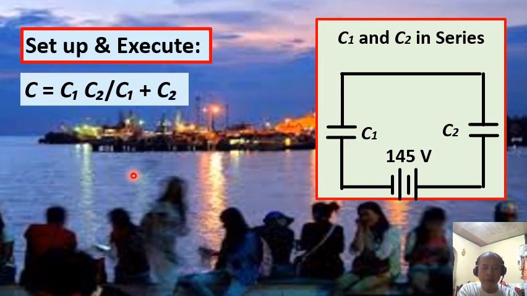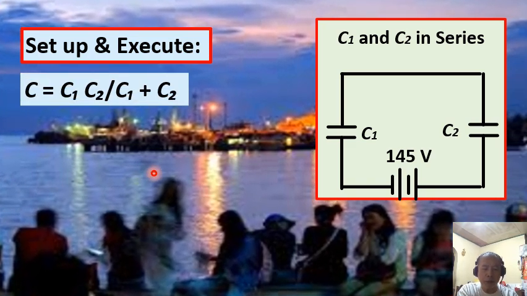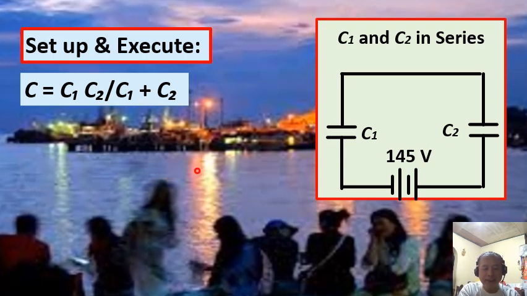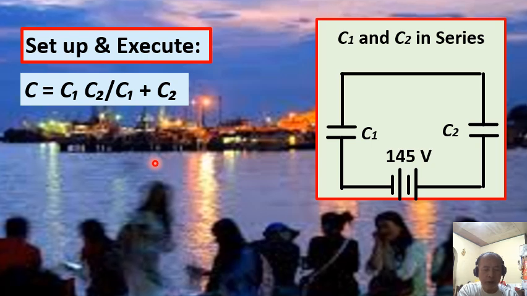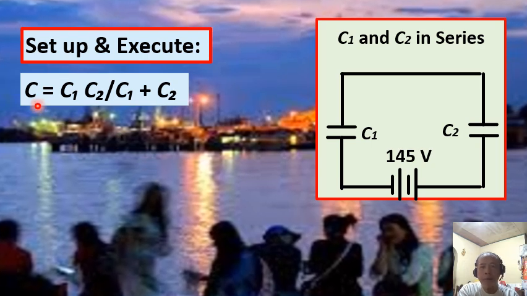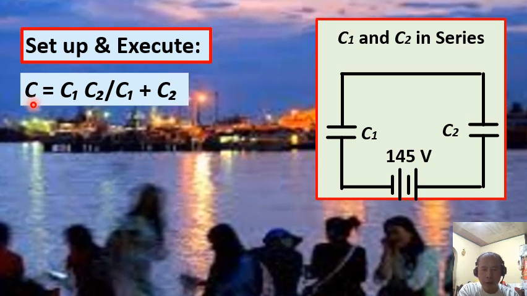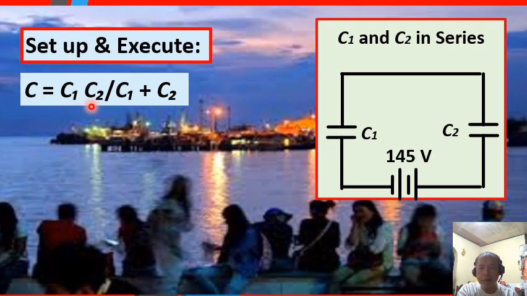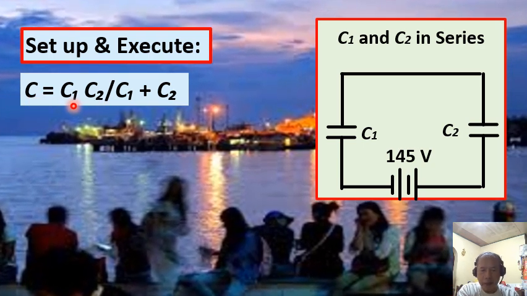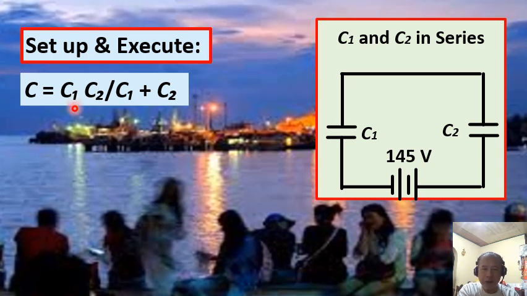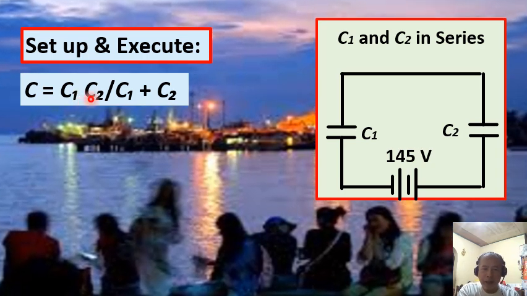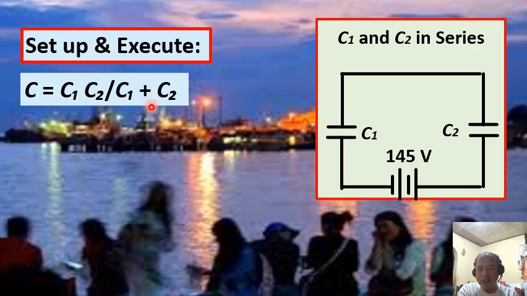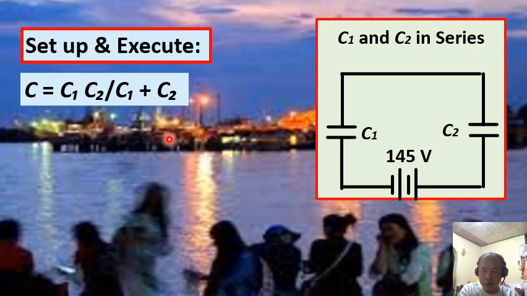We can find the equivalent capacitance of the two capacitances given in series using the formula. The equivalent capacitance, capital C, is just equal to the product of the two given capacitances, C1 times C2, divided by the sum of the two capacitances, C1 plus C2.